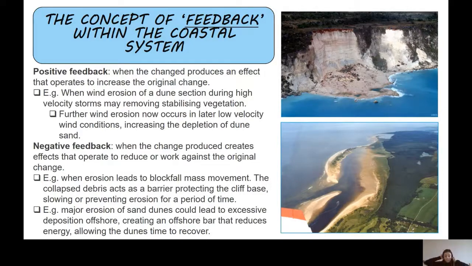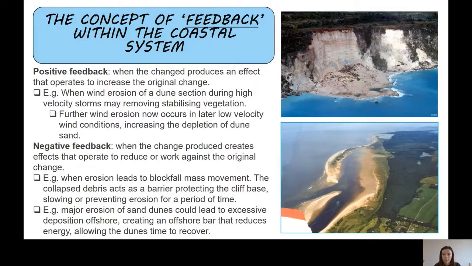You also have negative feedback. Here the change produced creates effects that operate to reduce or work against the original change. For example, when erosion leads to blockfall, that's rockfall, mass movement, the collapsed debris acts as a barrier protecting the cliff base.